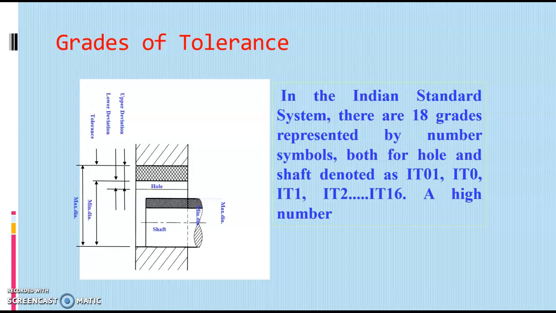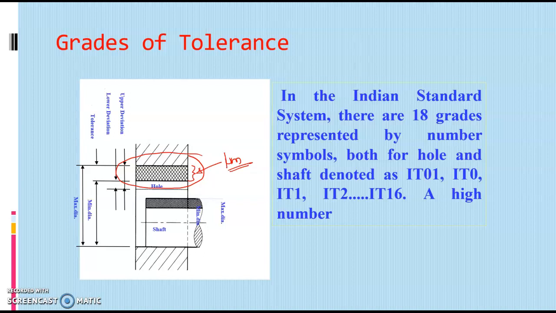Next is grades of tolerance. We have a tolerance zone like this, both for hole and shaft, and the width of this tolerance zone, that is the tolerance in microns, is represented with the grades of tolerance.